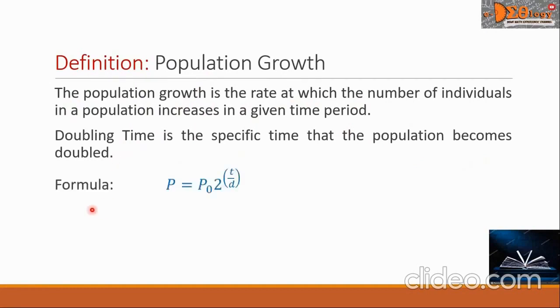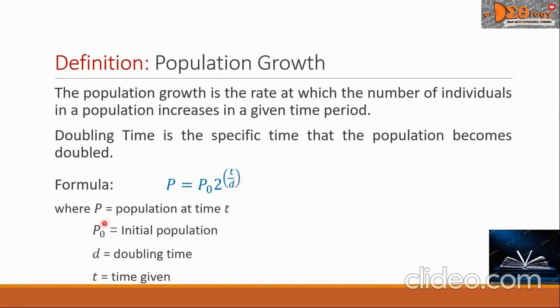We're going to use this formula. Capital P equals capital P sub 0 times 2 raised to the fractional exponent, where the numerator is t, divided by d, where this capital P is the population at time t.